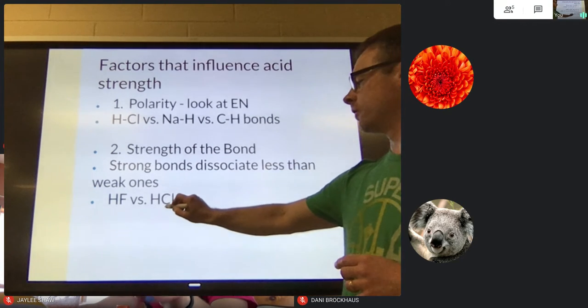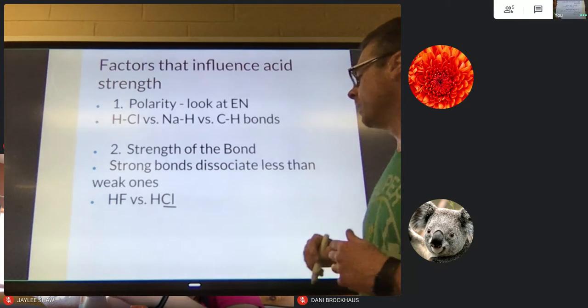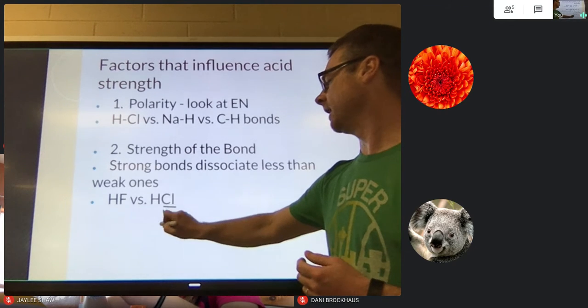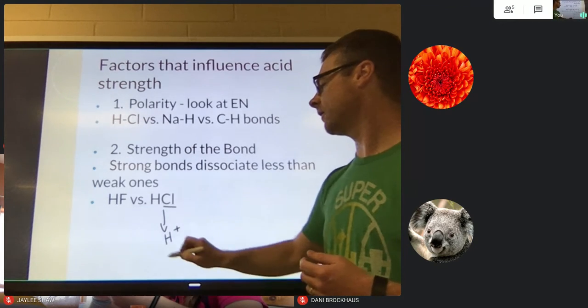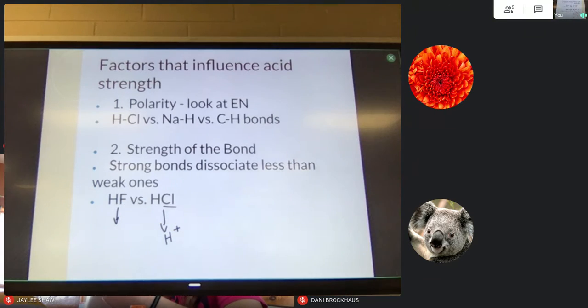With HCl, Cl is just polar enough to be able to hog electrons, but not so polar that it holds on tightly. So this can break into H+ easier than HF, because fluorine and hydrogen have a very, very strong bond. You've got to be polar, but you can't be too polar. It's a weird thing. Those two things influence how strong an acid is.